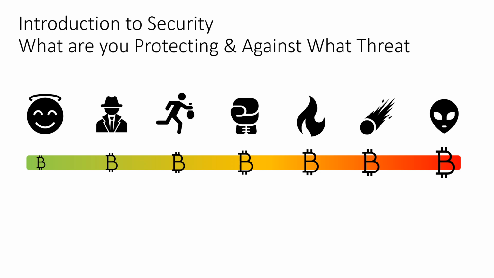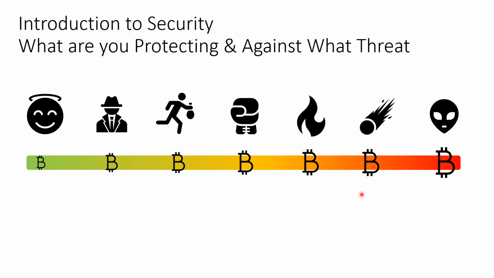Let's have a look at this spectrum. I'll just bring up a little laser pointer. Just give me a second. So this is a spectrum of two things: what's the threat we're protecting against and the risk level, and how much funds are we trying to protect?